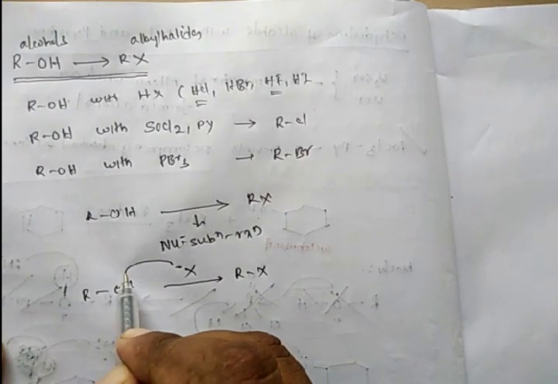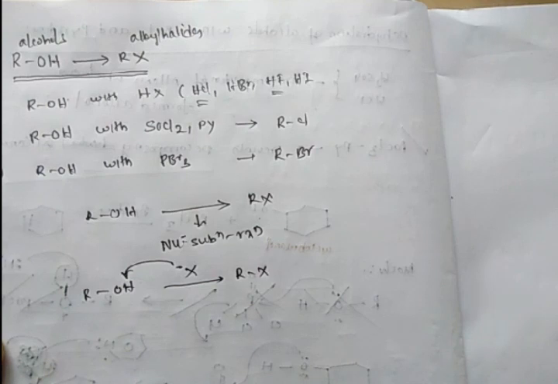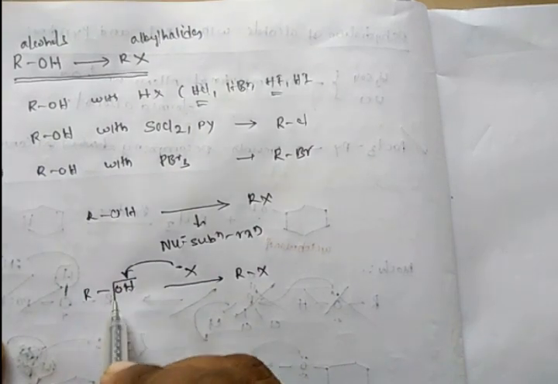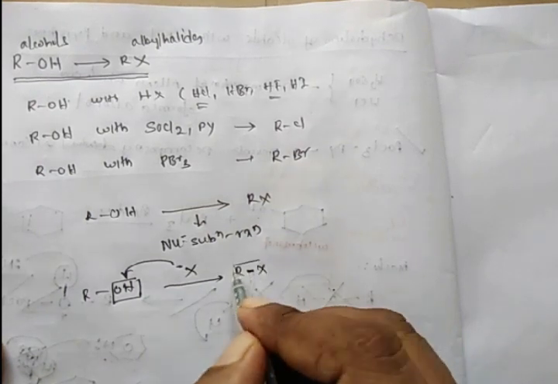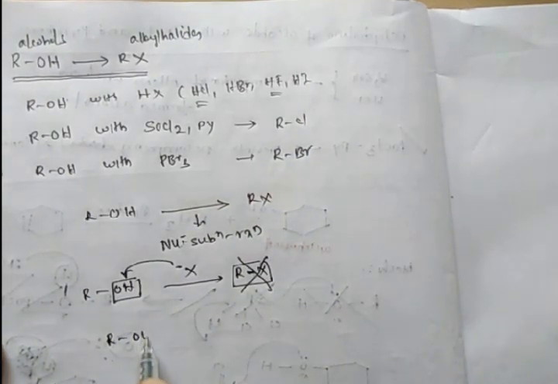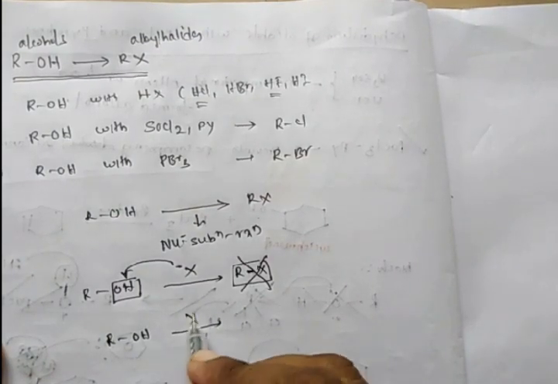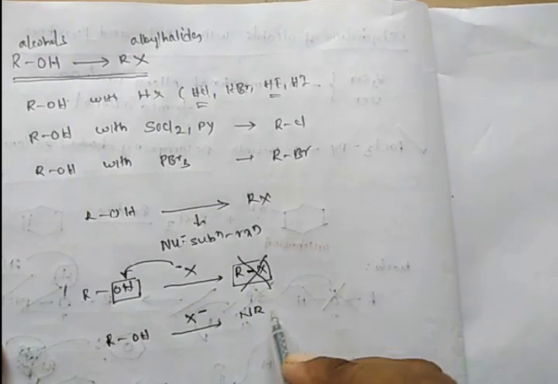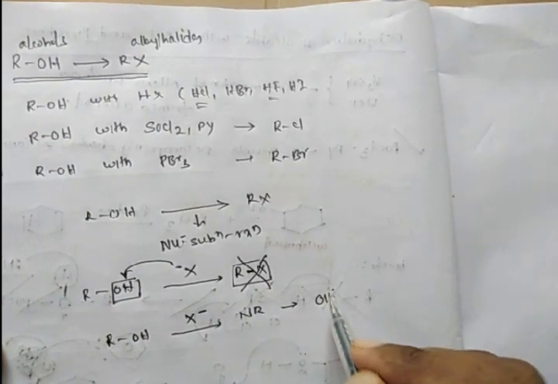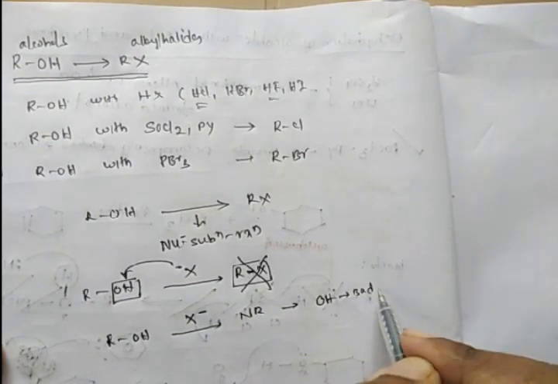It doesn't attack this OH, because OH is a poor leaving group. This conversion is not possible. When you treat these alcohols with nucleophilic halogens, there is no reaction, as OH is a bad leaving group.